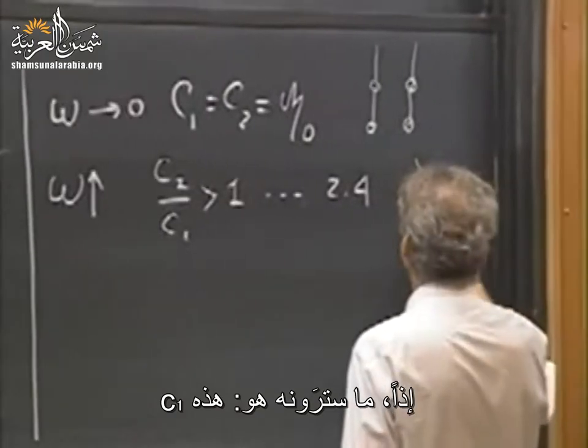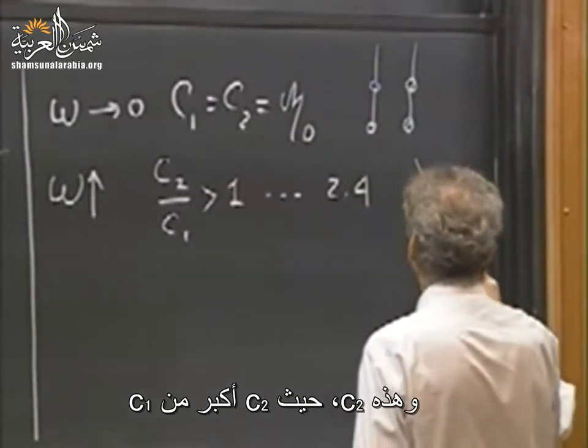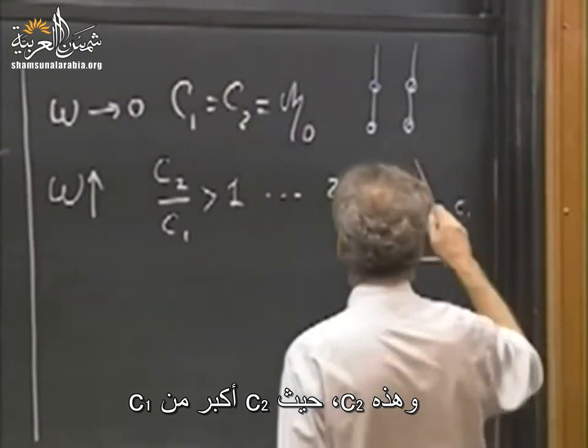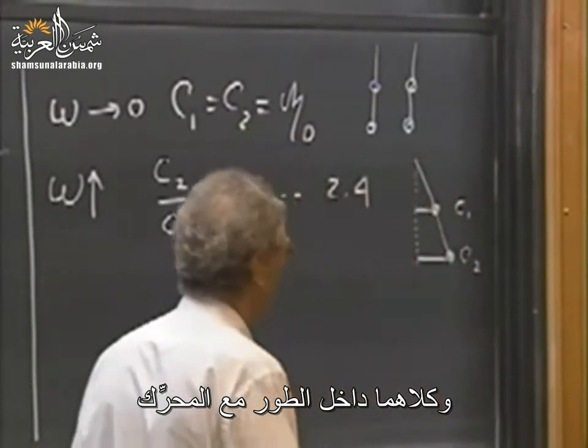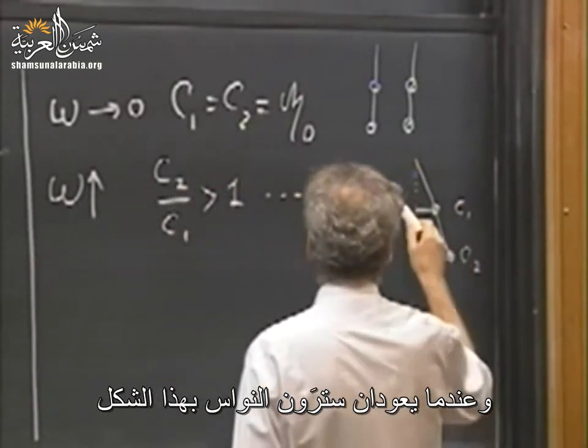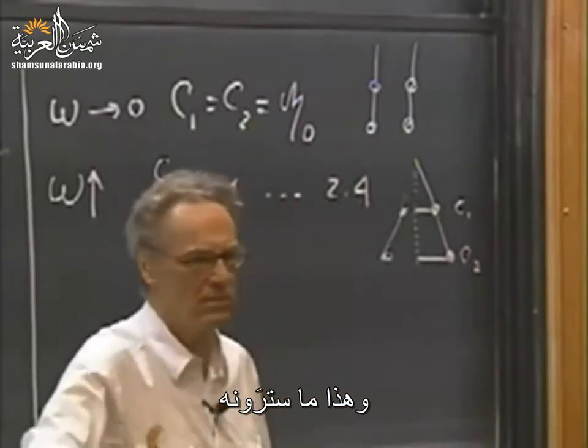So what you will see is, this is C1, and then this is C2. And so C2 is larger than C1, and they are in phase with the driver. And so when they return, you will see the pendulum like this. So that's the sweeping that you will see.